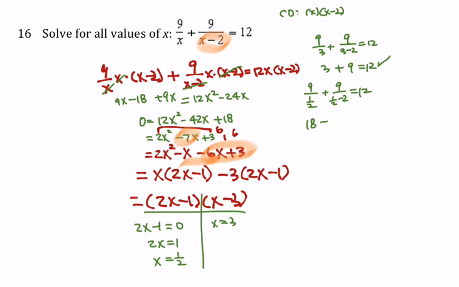You get to realize the first one becomes 18, and the second one becomes -3 over 2. But we get to realize the second term is equal to -6. Therefore, both of them work. So our answers are 1/2 and 3. Alright, let's move on to the next question.